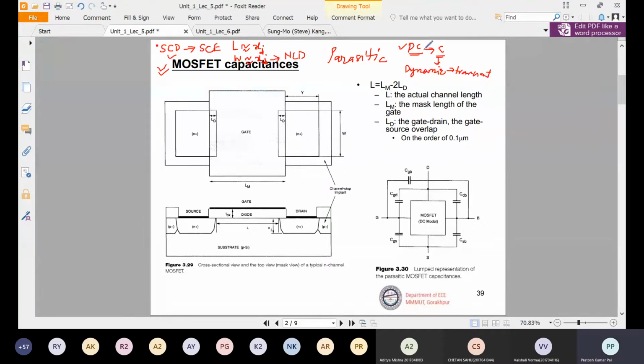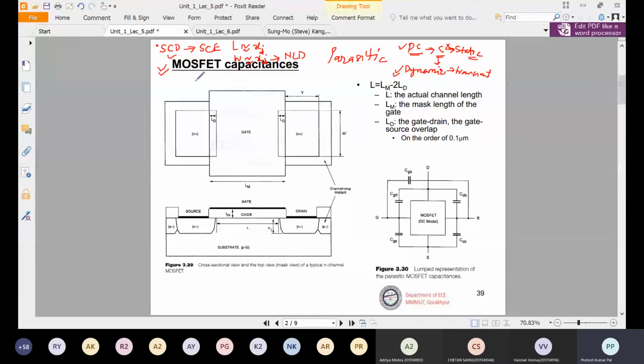If it is DC analysis, the behavior will not include the capacitance, and it is called static analysis. So for dynamic or transient analysis, we need the different capacitances of the MOSFET to be incorporated for analysis. So we have to have an overview of what the different MOSFET capacitances are.